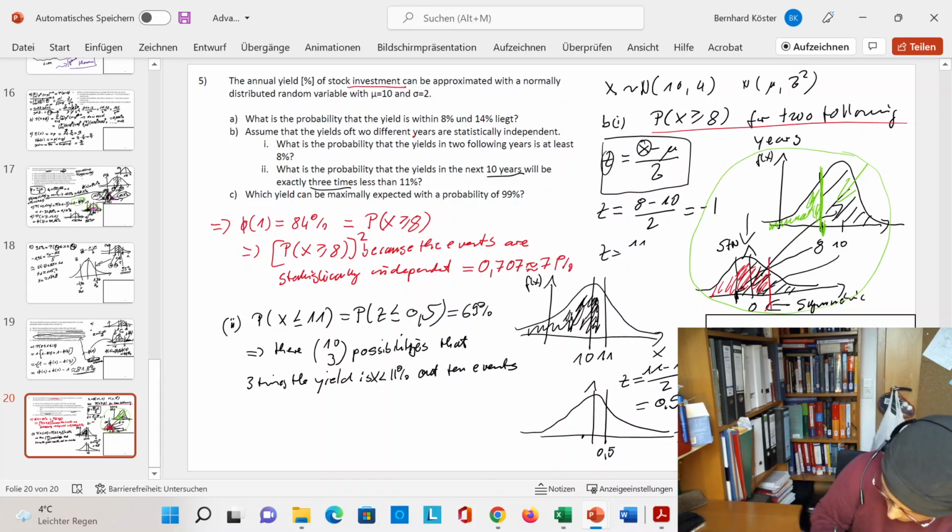And this is then 10 factorial over 7 factorial times 3 factorial.